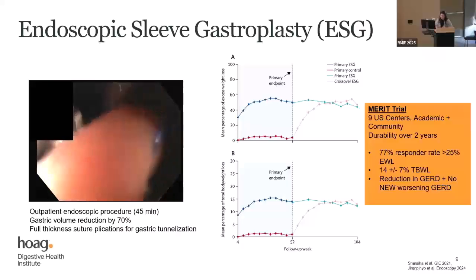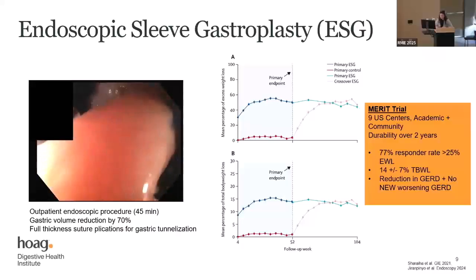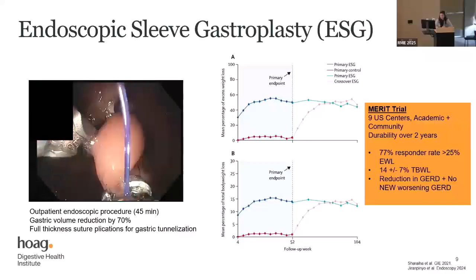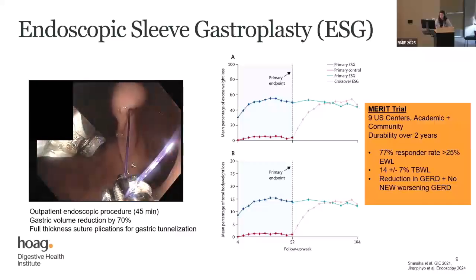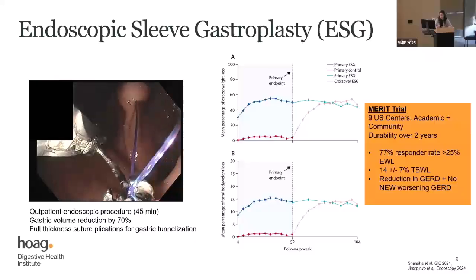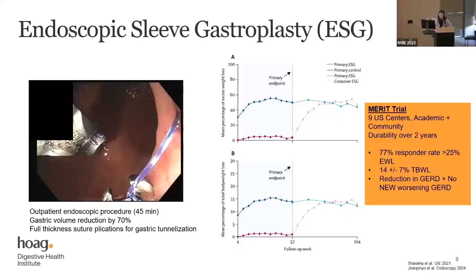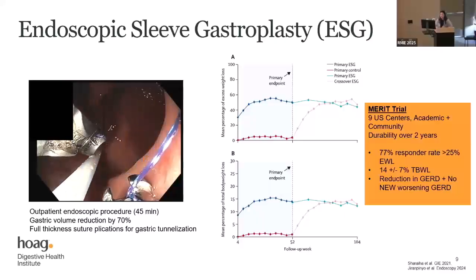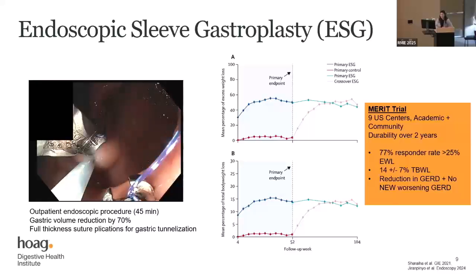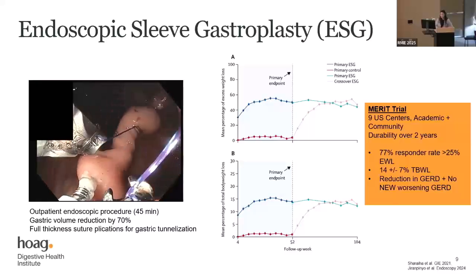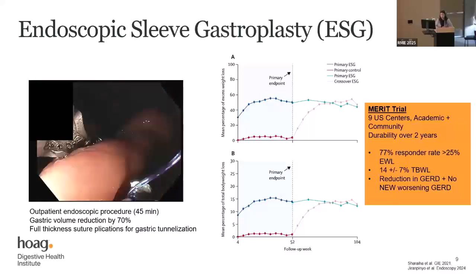The difference mainly between ESG and a sleeve gastrectomy is that the chance of reflux is significantly better. We see that in the fact that patients who underwent ESG had a reduction in GERD and there was no new worsening GERD. A previous study showed that in patients receiving a sleeve gastrectomy, up to 14% may get reflux requiring lifelong medication.